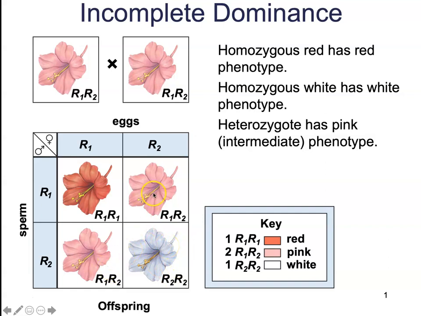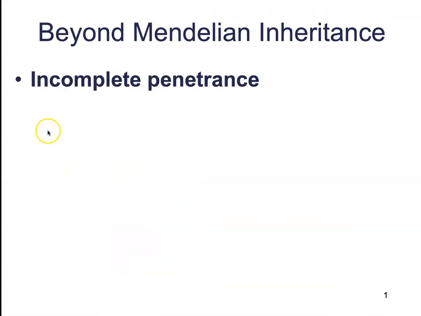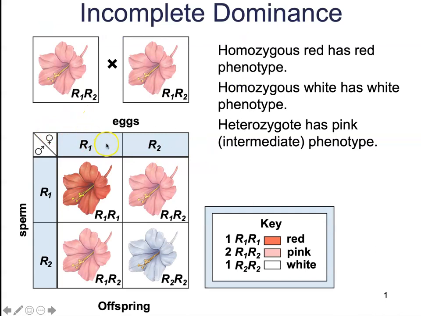However, the heterozygote shows up halfway in between. The red allele is dominant and the white allele is recessive, but we'll see incomplete dominance if we are heterozygous for the trait. So homozygous white is white, homozygous red is red, and heterozygous is going to be pink, halfway in between.